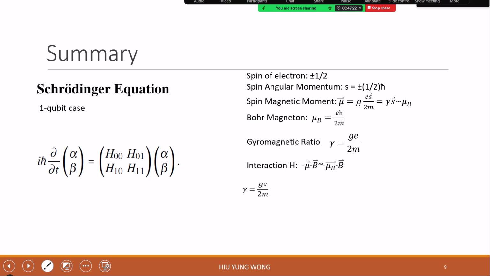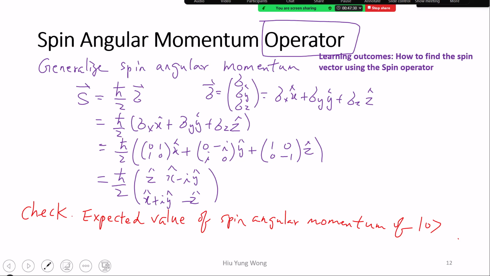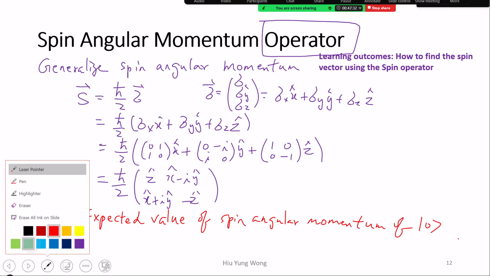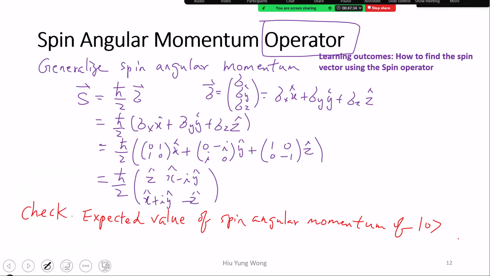H bar over 2. Right? Because this is given. Half h bar, and it's spin up, so it's plus, so I expect h bar over 2. Go back to think about all this confusing thing. Now, assume we don't know that.